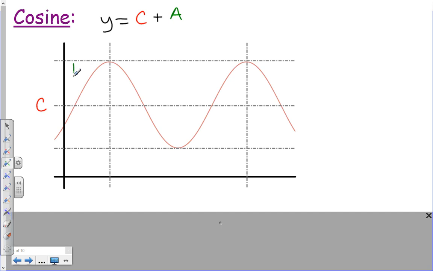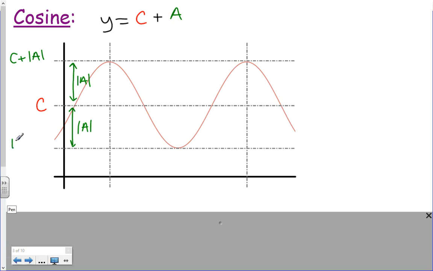So if I were to measure this distance right here, that would be the absolute value of a. Or measure this distance from the sinusoidal axis to the lower bound, that's the absolute value of a. Both of those are the same. So in other words, I could write this as c plus the absolute value of a up here, or this could be c minus the absolute value of a down here.